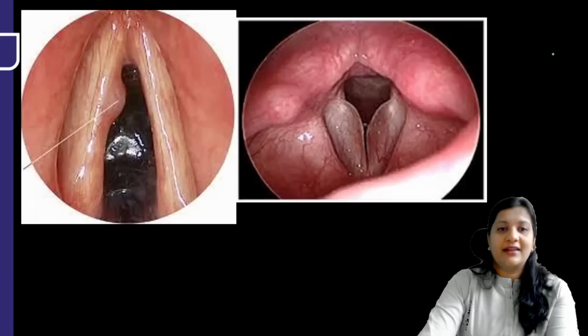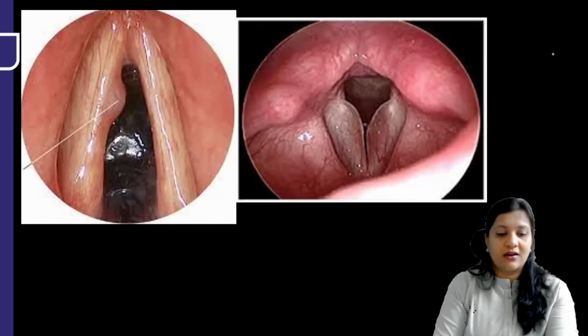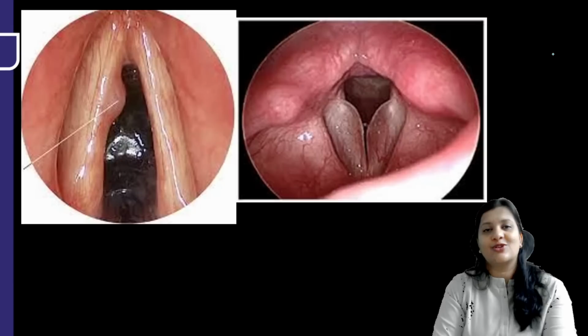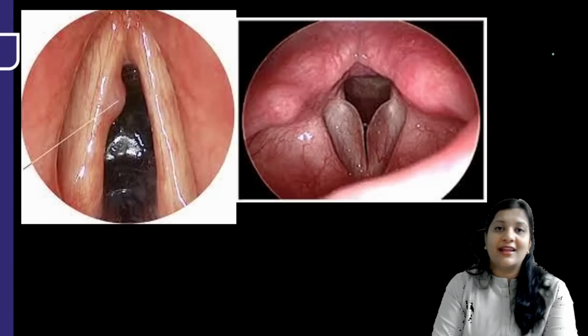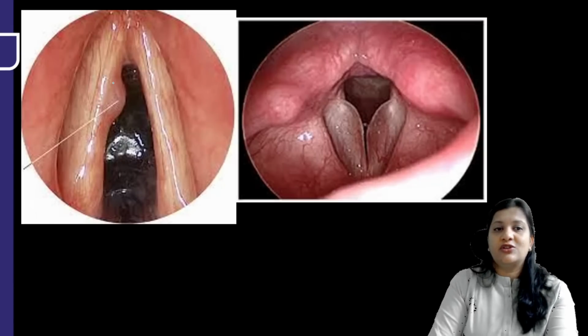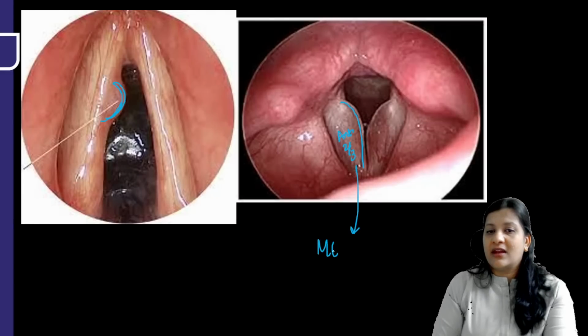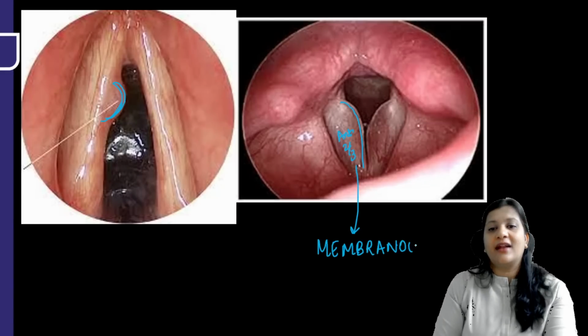I think there was a question mentioning anterior 1/3, posterior 2/3. So I think it's very clear that the nodule or polyp is present at the junction of anterior 1/3 and posterior 2/3. This is an image showing you a vocal cord cyst, and this bilateral fusiform swelling at the anterior 2/3 of the vocal cord, in the membranous portion, is your Rinke's edema.